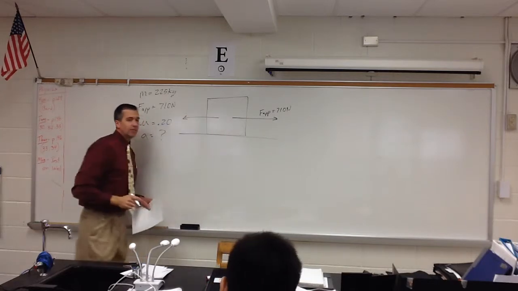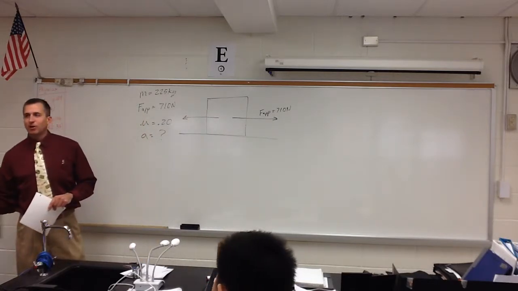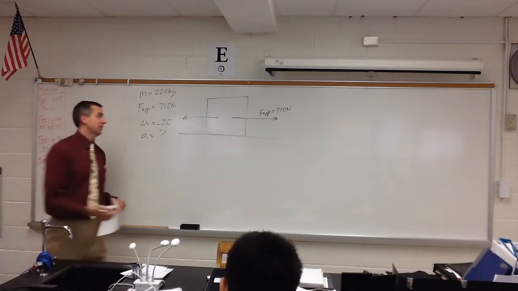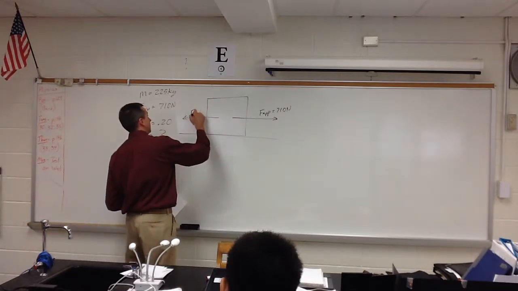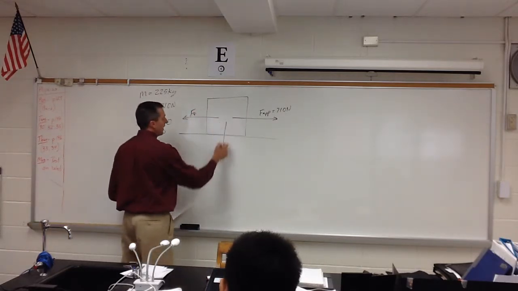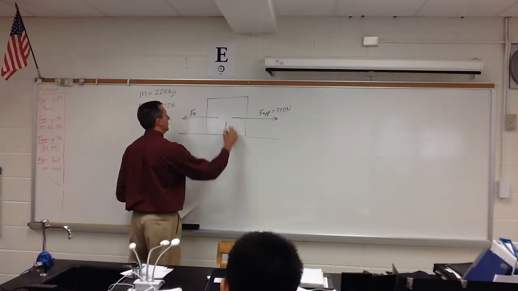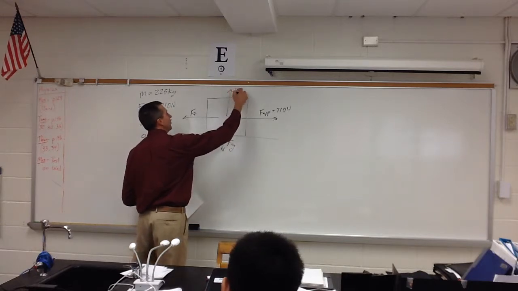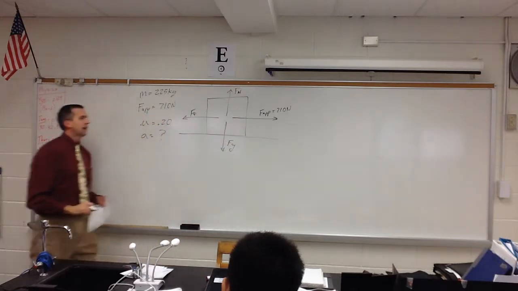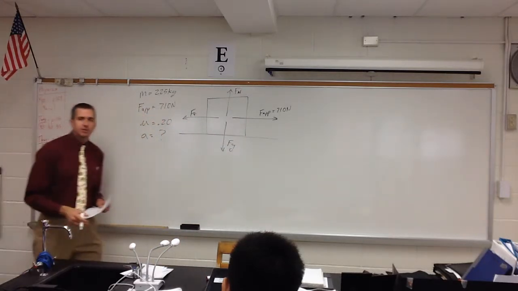But when you're pulling something, of course, we have the thing that always opposes you, which is friction. We always have gravity relentlessly pulling down on us, and then we have the normal force, which is that force that's kind of holding that crate up. So now I got a good picture.